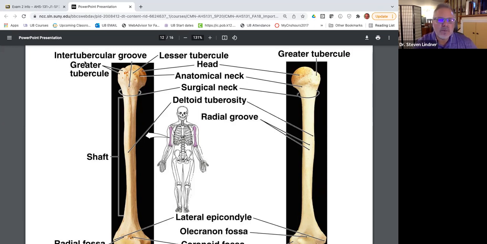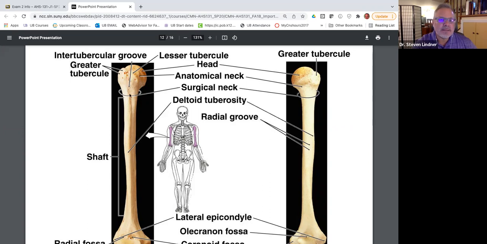The reason why it's called intertubercular is this bump here is the greater tubercle, and this one here is the lesser tubercle. So between the greater tubercle and lesser tubercle is the intertubercular groove. But what travels in this intertubercular groove, aka bicipital groove, is the long head of the biceps.